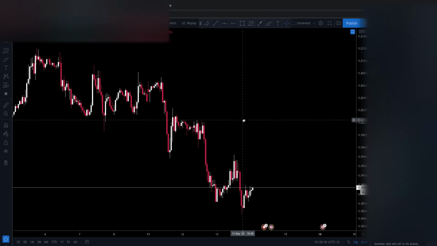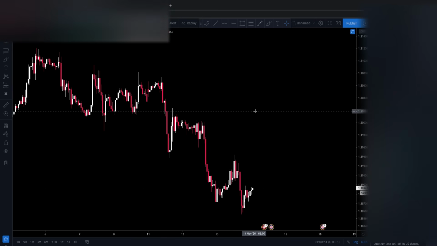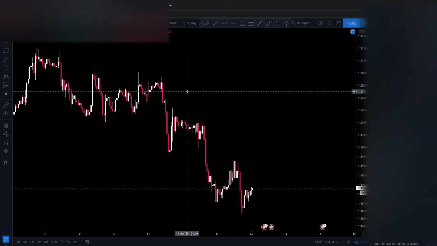So support and resistance, as in most of my videos, you guys know, if you have watched my forex videos, I use almost every day for forex. And combined with this little tool called Fibonacci, fib retracement on tradingview.com, and if you're using the MetaTrader platform, it's called fib retracement as well.